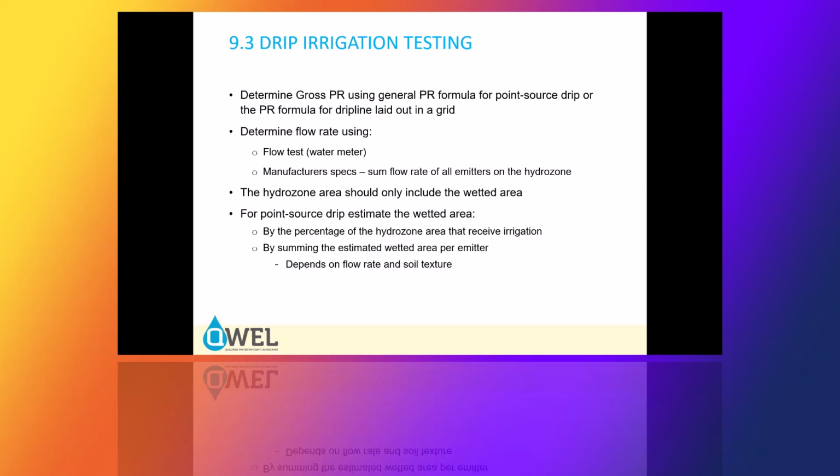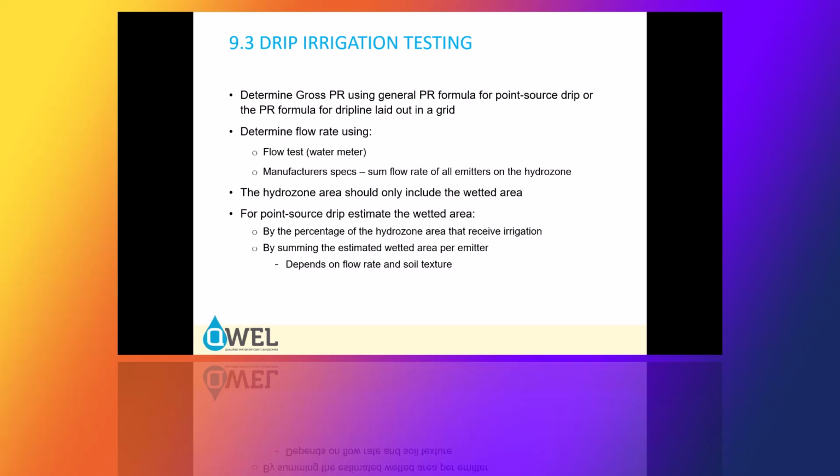Drip irrigation auditing is a little bit tricky because there are several issues that an auditor might encounter when determining the precipitation rate of a drip hydrozone. One of them is accurately determining the wetted area for a point source drip system versus drip line laid down in a grid. The precipitation rate of a drip irrigation system should be determined using the general precipitation rate formula for point source drip or using the PR formula for drip lines set out in a grid.